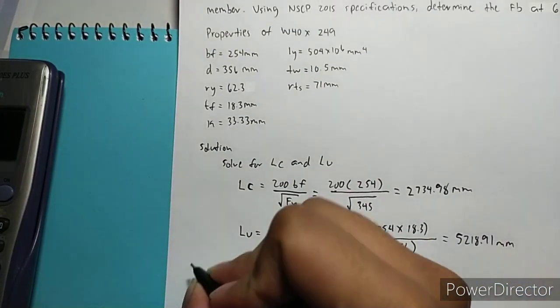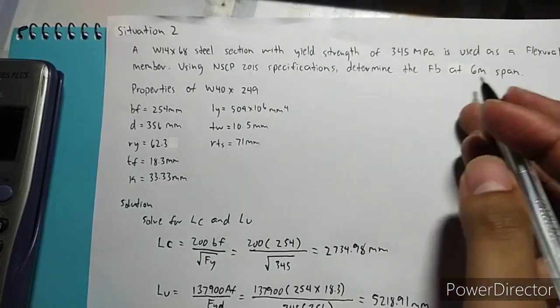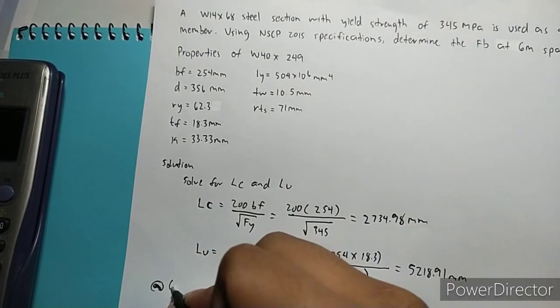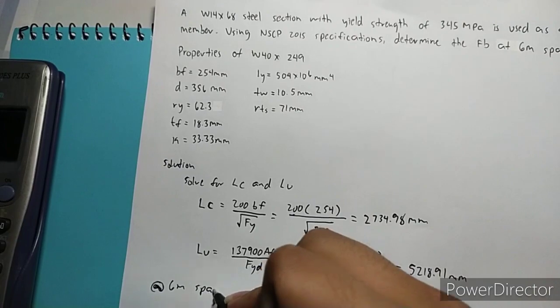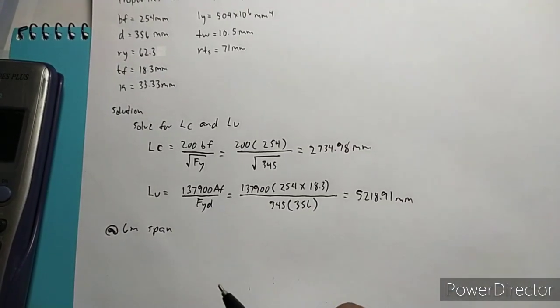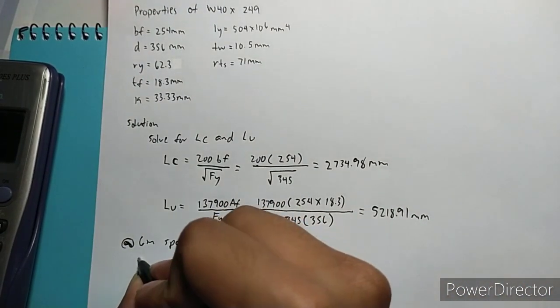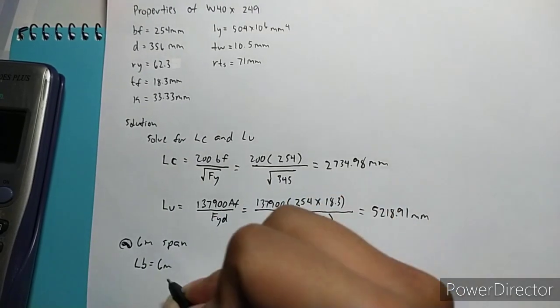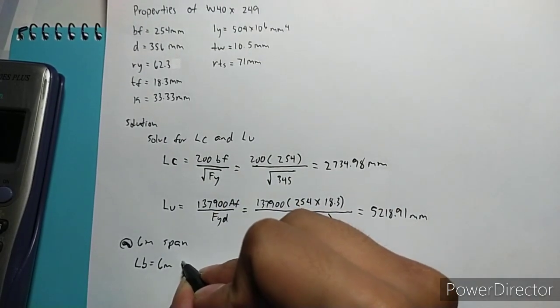So, sinasabi nga dito, determine the FB at 6 meter span. Makita natin dito na yung LB natin is 6 meter. Convert natin siya ng mm.